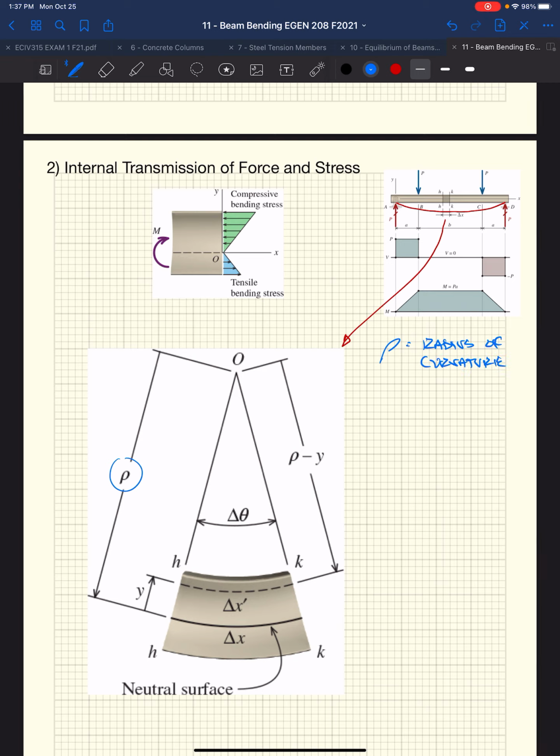Then we can relate stress to strain, we have Hooke's law, and then geometry, to get deflections.